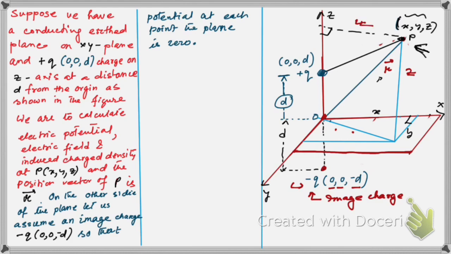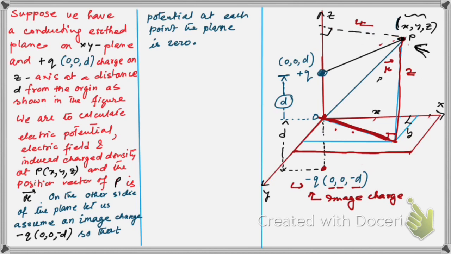First, let me draw a perpendicular on the conducting surface. The distance from the origin to the foot of this perpendicular will be the distance from the z-axis to the point P. So hope you have understood this diagram.